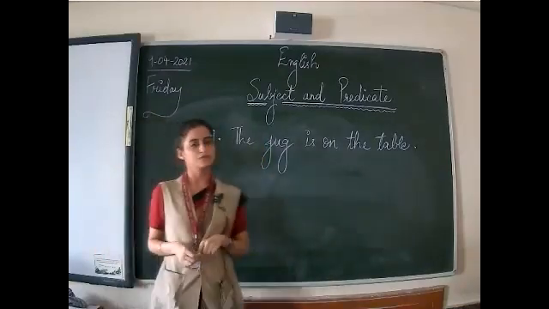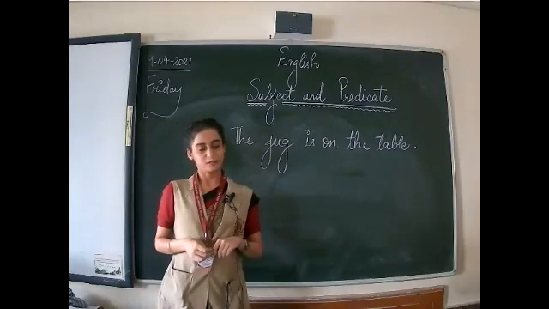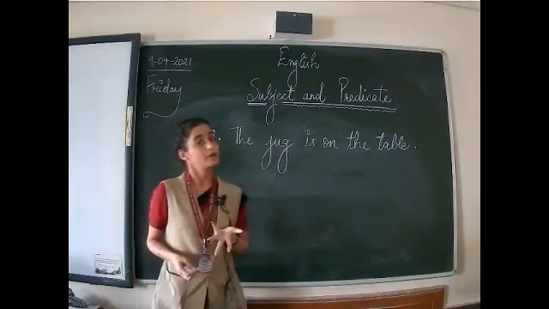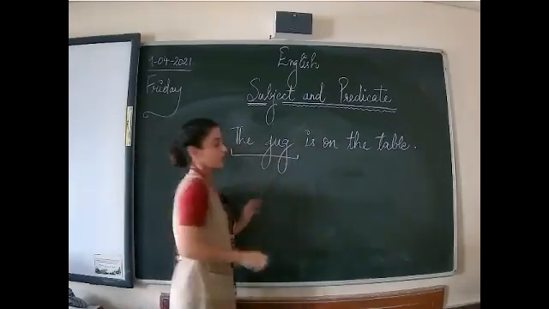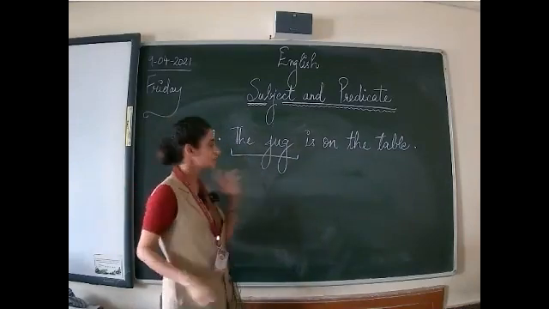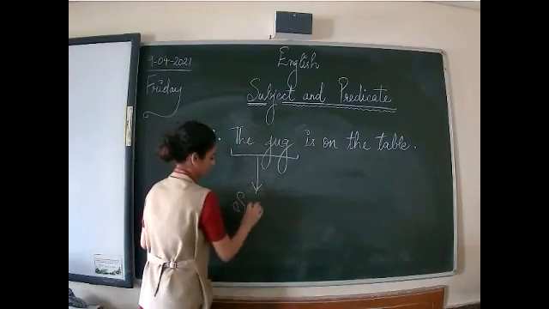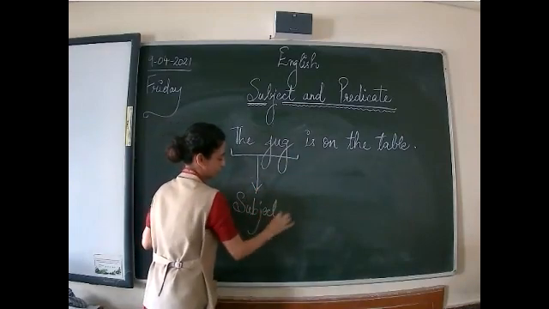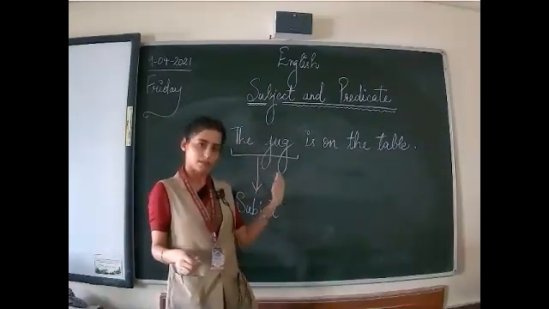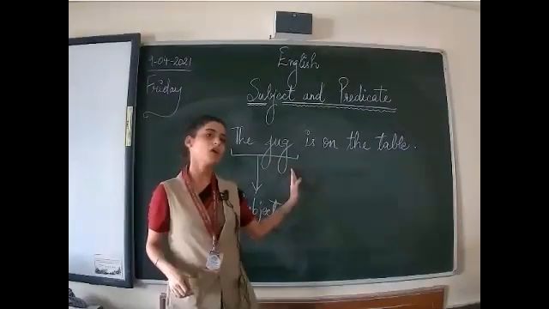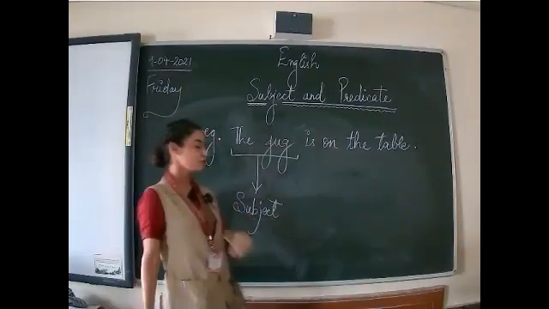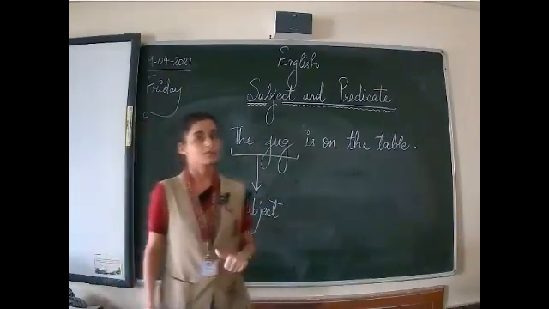Now, children, can you tell me what is the subject here? What is being talked about? We are talking about the jug. What is on the table? The jug. So the jug is your subject. And tell me, what is the type? Is it a person? Is it a place or a thing? It is a thing, right? It's a non-living thing. So the jug is your subject.